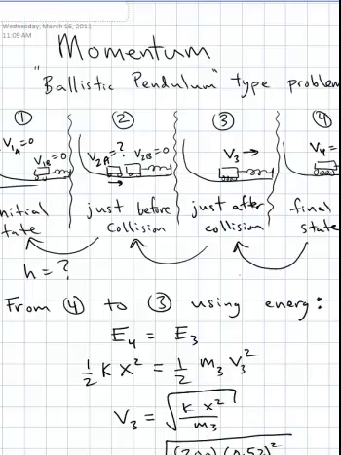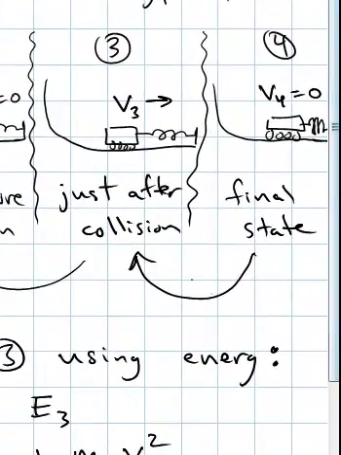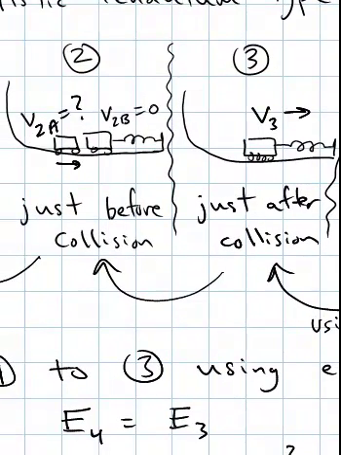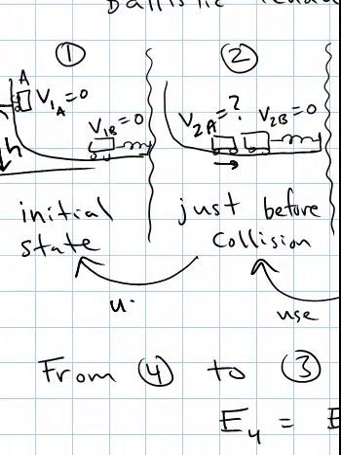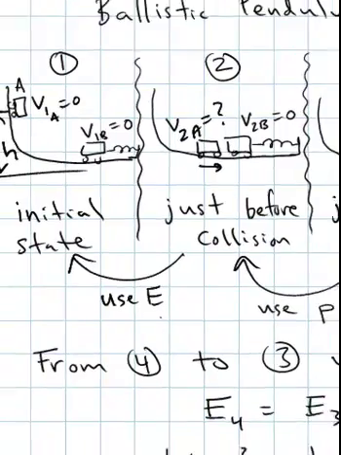We have to use momentum conservation to go from 3 to 2 because we're going through a collision. So this is using energy. And to go from 3 to 2, we have to use momentum. And to go from 2 to 1, we can use energy again. No collisions there.